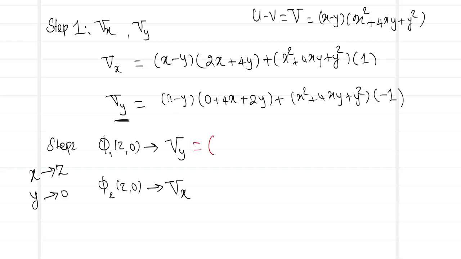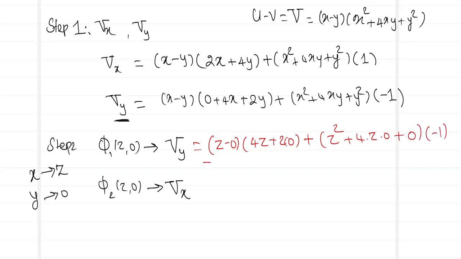Over here, x is replaced as z, y is replaced as 0. This will become z into 4z plus 2 into 0, plus z square plus 4 into z into 0 plus y square becoming 0, into minus 1.